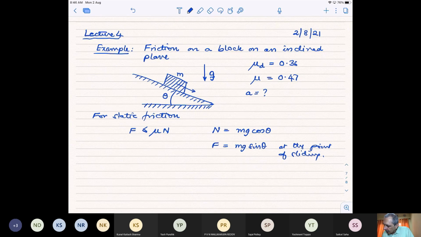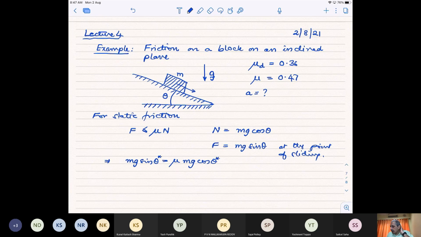So this essentially gives us that mg sine theta is equal to mu into mg cos theta just at the point of sliding. So maybe I'll call that angle theta star.